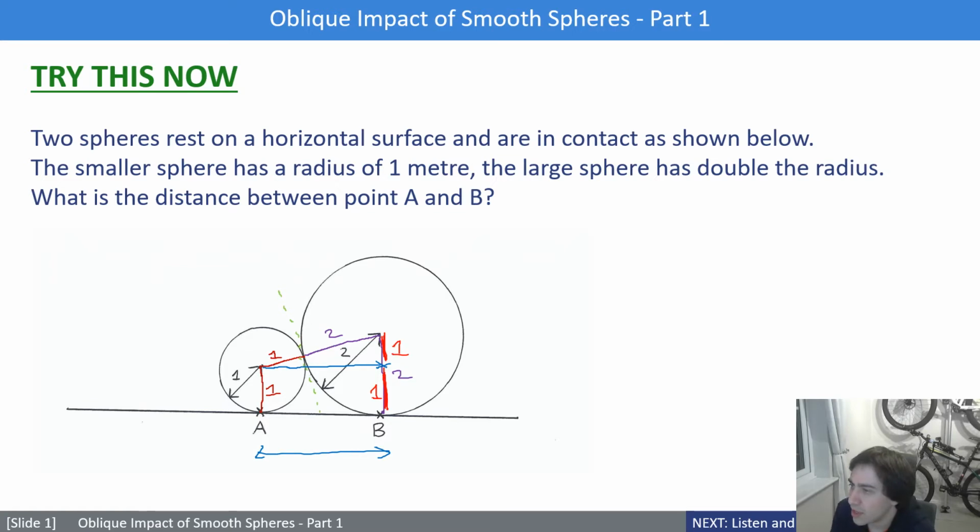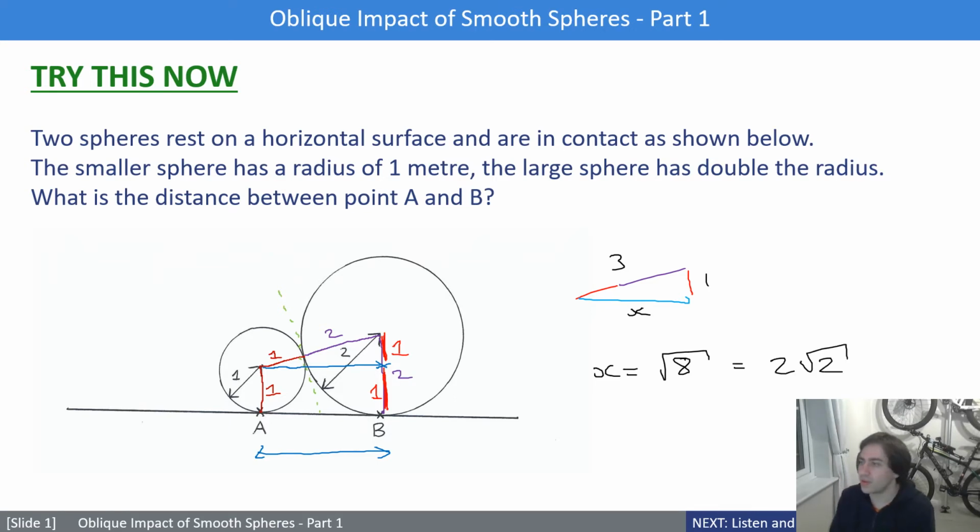And therefore we end up with a triangle that looks like this. If we color code it nicely, it's got hypotenuse 3, height of 1, and x, the thing we're interested in. So we just use Pythagoras, right? x is equal to the square root of 3 squared minus 1 squared, which is root 8, which is equal to 2 root 2.